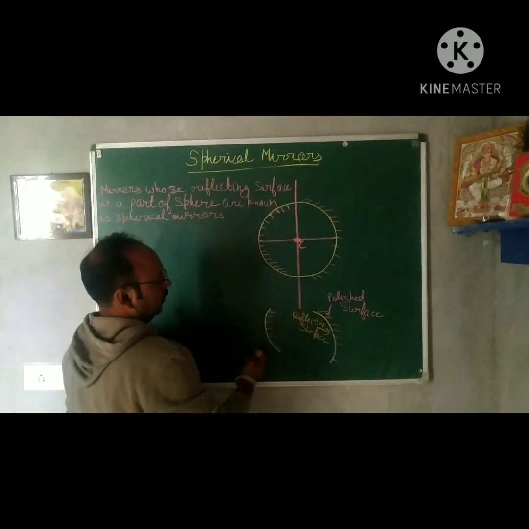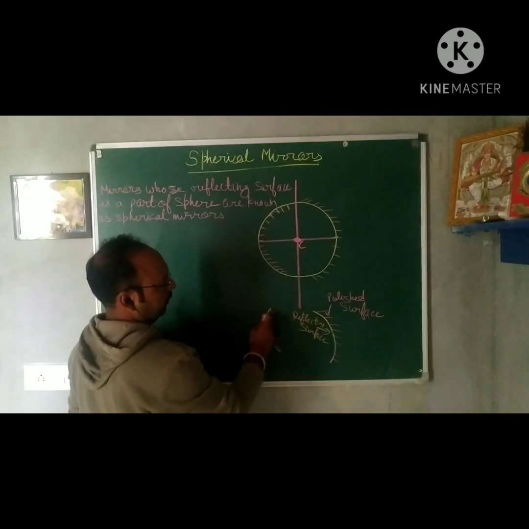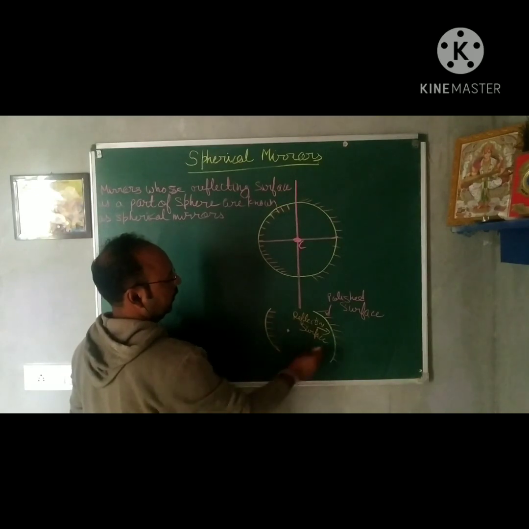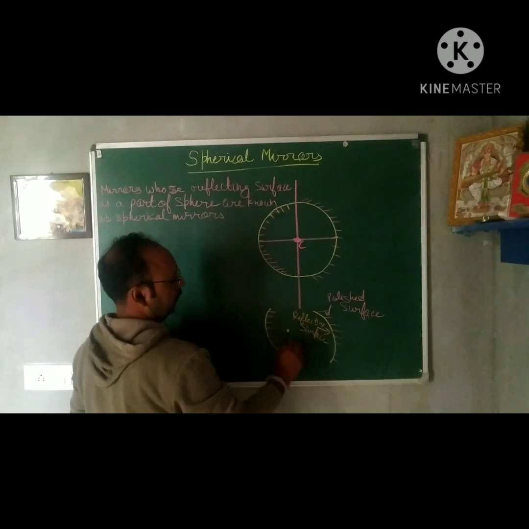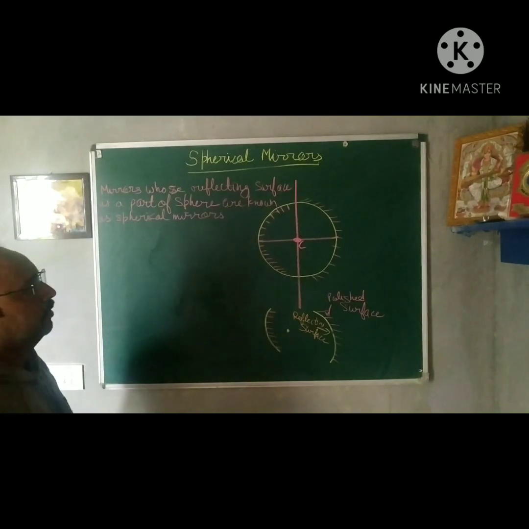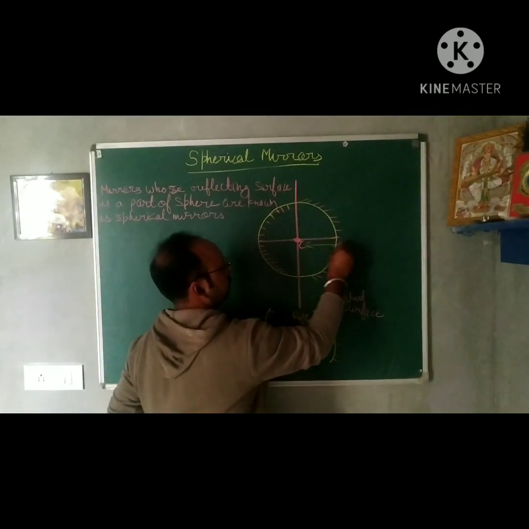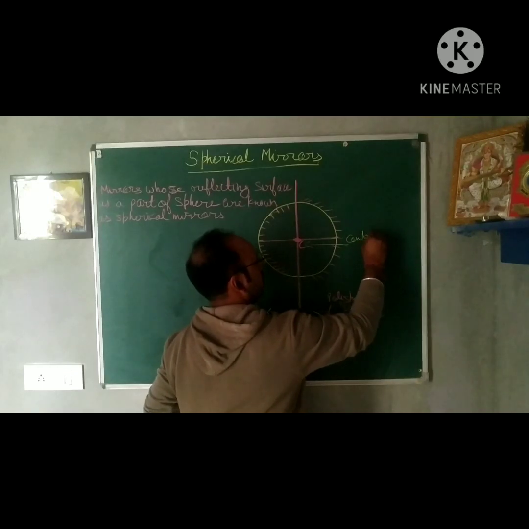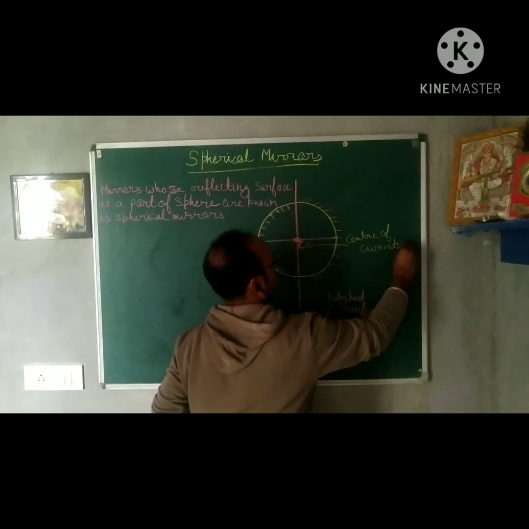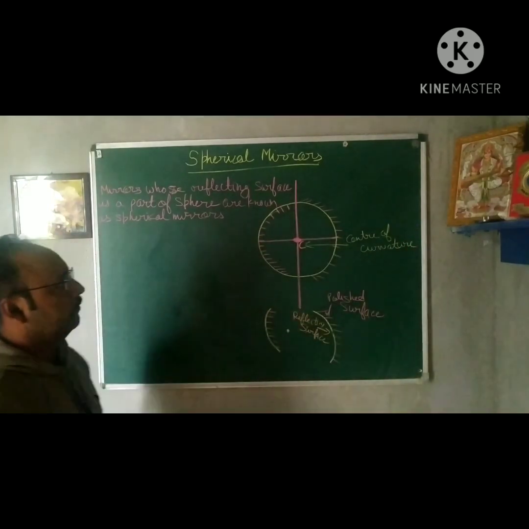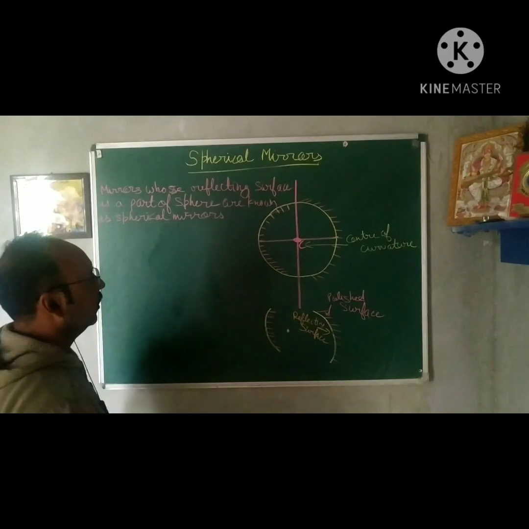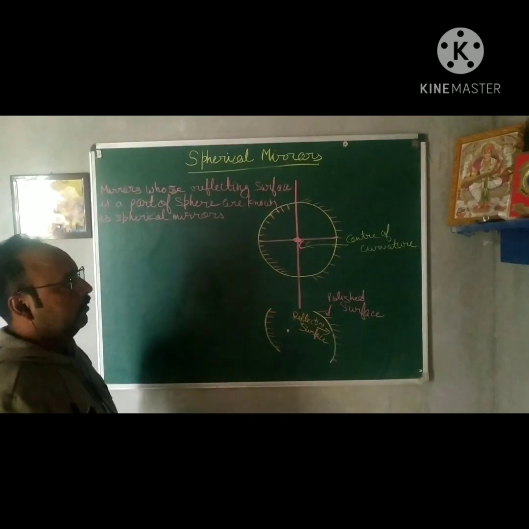If I talk about this mirror, the center of this side and this also, that C is known as the center of curvature. Generally we call it the center for a sphere, but for a spherical mirror we use the center of curvature. Curvature means a part of a sphere, right? This is called the center of curvature.